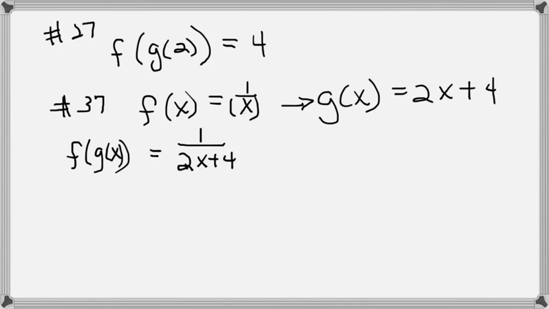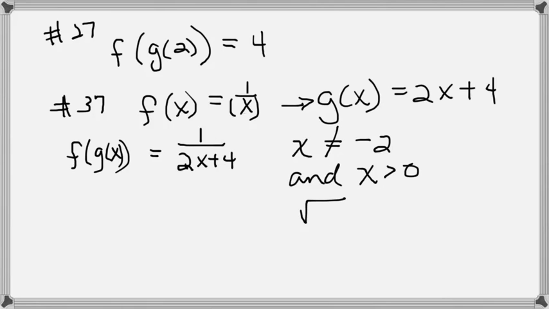Now, here's where you have to be careful, because when you substitute something into a denominator, you have to make sure that you determine your domain, and x cannot be -2. And remember that x has to be greater than 0 if you had something in a square root.